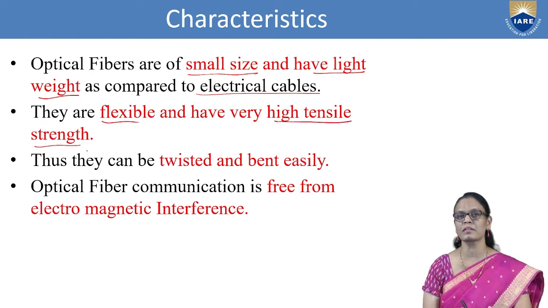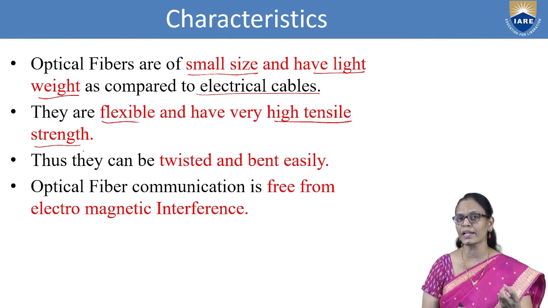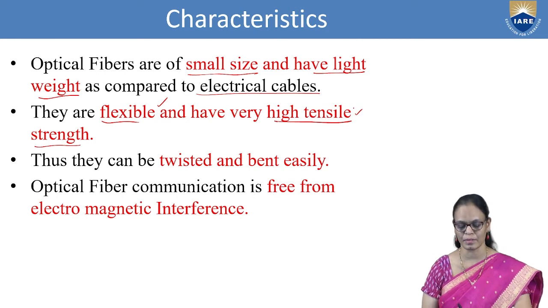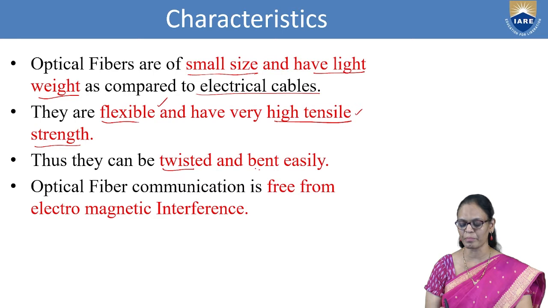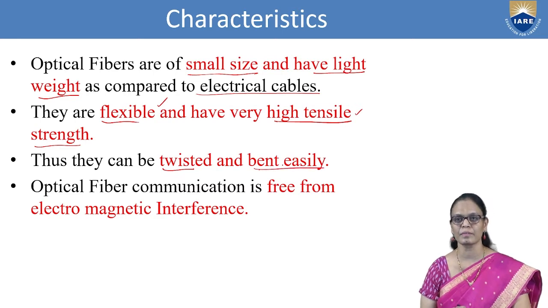Tensile strength here represents the load that it can bear before breaking. So when we are using an optical fiber, they should be flexible and also they should have high tensile strength. So because of these properties, they can be twisted and bent very easily.